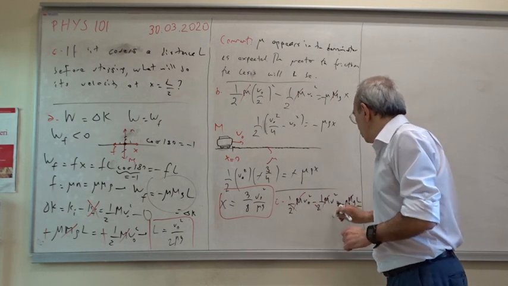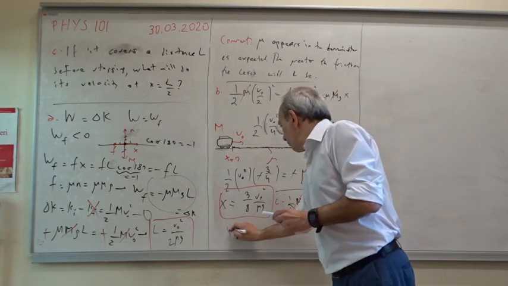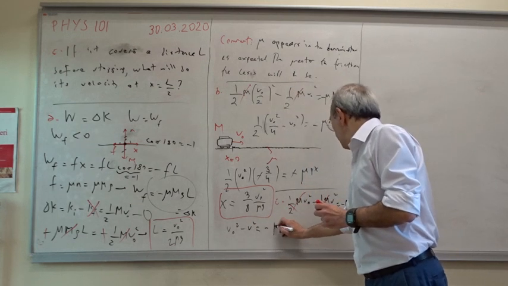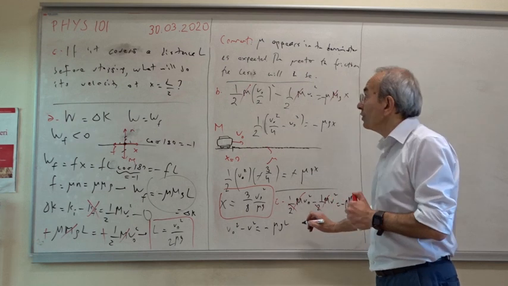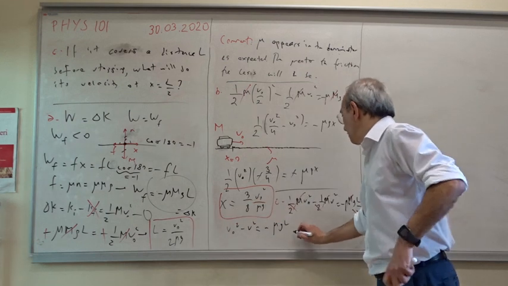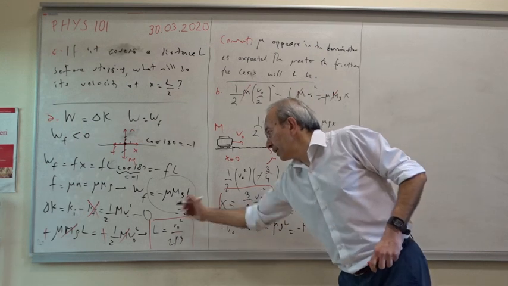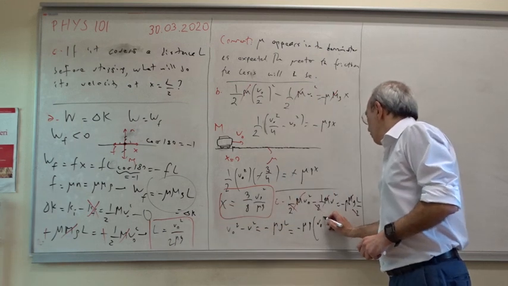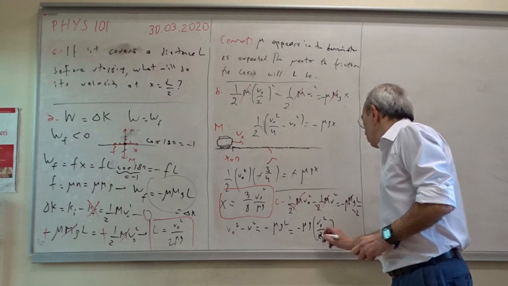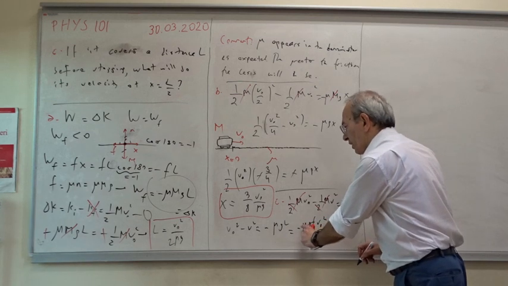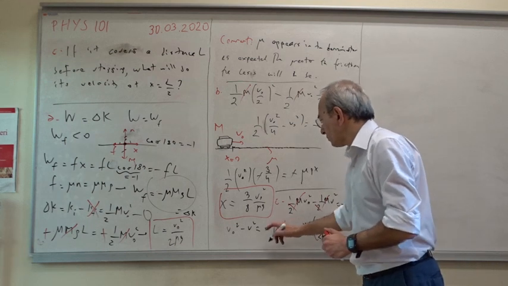And also let's cancel all the 2's. We have v0 squared minus v squared. It will be minus mu g and L. What is L? L is here, taken from the first part, v0 squared over 2 mu g. So mu g is cancelled, v0 squared over 2, but with a minus sign.